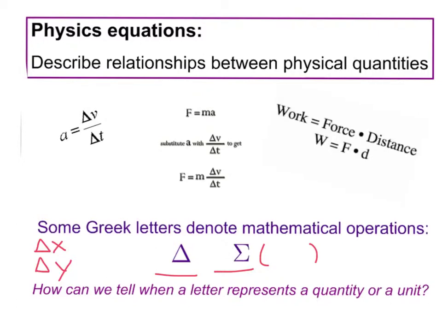So with all these different letters floating about, how do we find out when a letter represents a quantity or a unit? If you'll notice right here, we have acceleration equals the change in velocity over the change in time. How do we know that these represent different quantities as opposed to a unit? How do we know whether that m represents mass or meters?